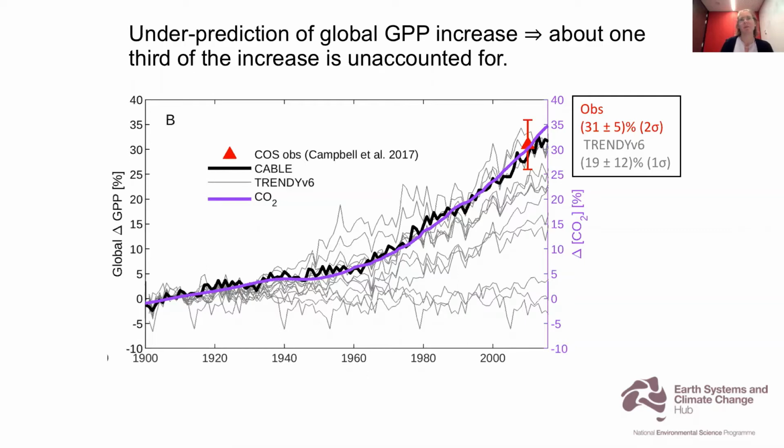And what's a bit concerning, I suppose, is the divergence amongst those models, but also that on average, the increase is a lot lower than the observation-based estimate. So the models are simulating 19 plus or minus 12%, and the observations indicating a 31% increase.